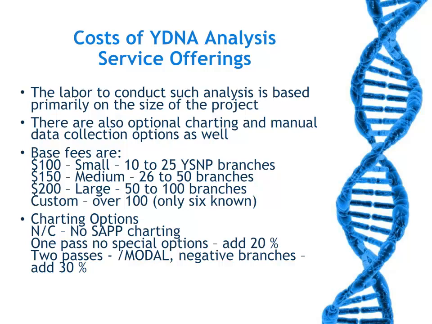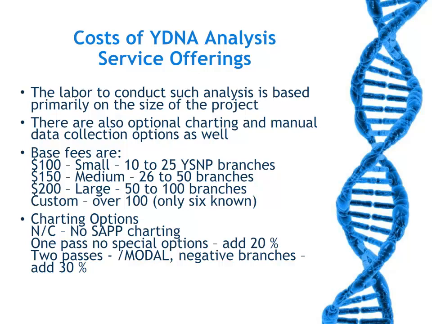And then $150 for a medium-sized project and $200 for a larger project. There's only a handful, probably 4 or 5 larger than that, and so those would be custom, and they would take a tremendous amount of time, as SAPP can't handle over 500 testers, so that would become an issue.